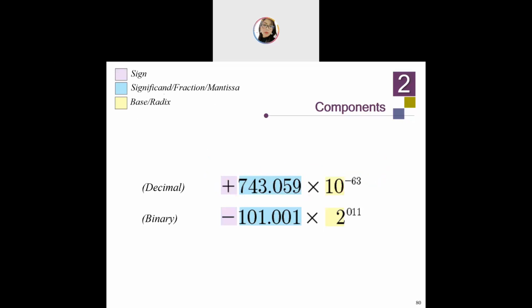So you need to be familiar with this because there are three terms. It can also be asked, what is the fraction value for this number? So you need to know this is the fraction. And what is the base? What is the radix? So you need to know where it is. This will come out as an MCQ question, might be 1 mark, might be 2 marks, but it's a very simple and direct question.